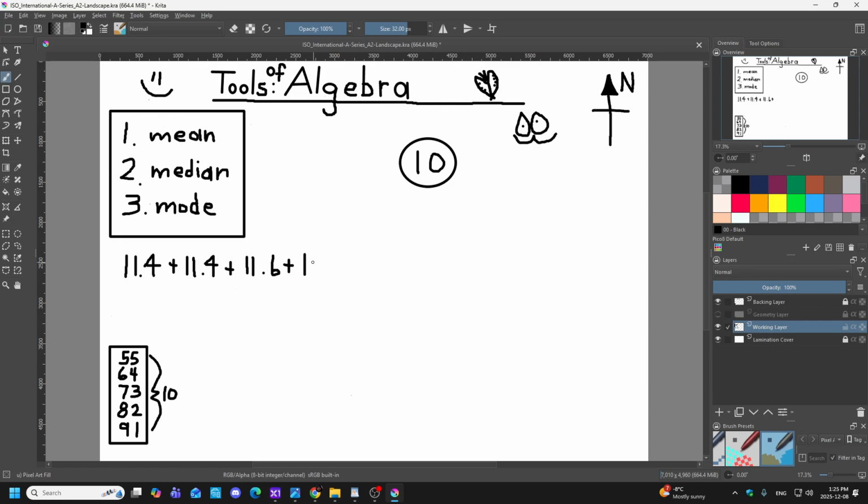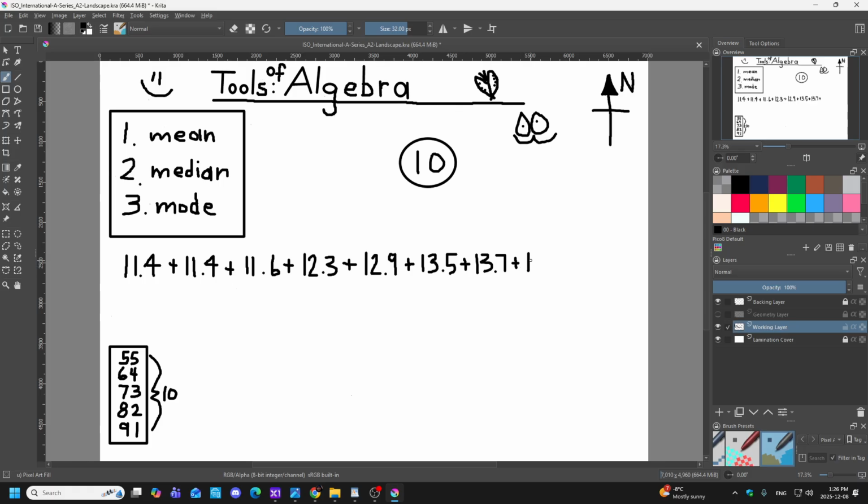12.3. And 12.9. Hopefully I could squeeze this all in here. 13.5. 13.7. 14.1.